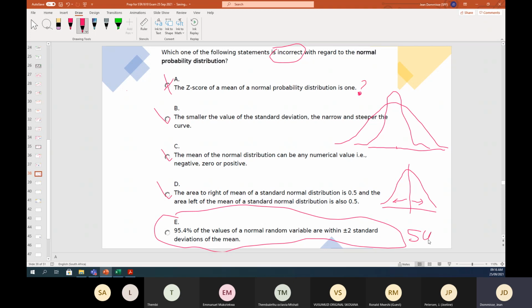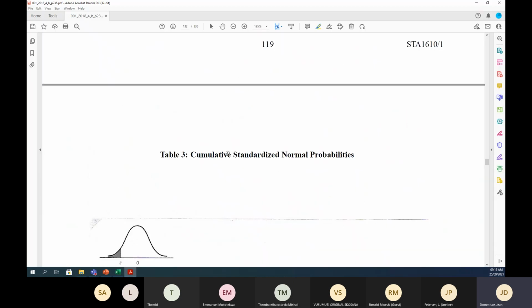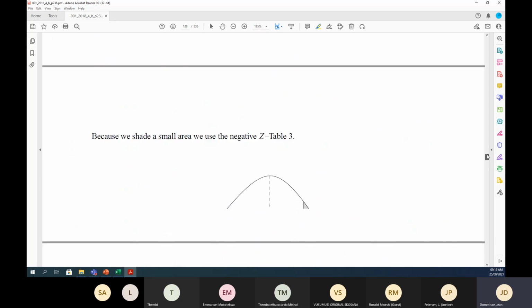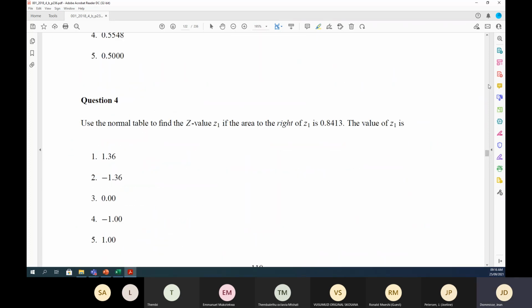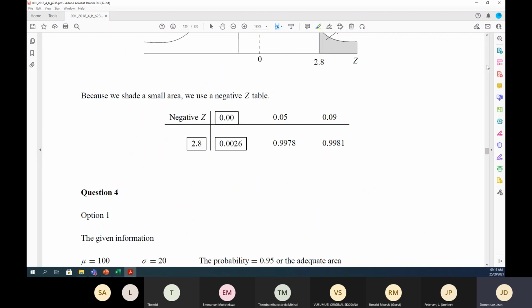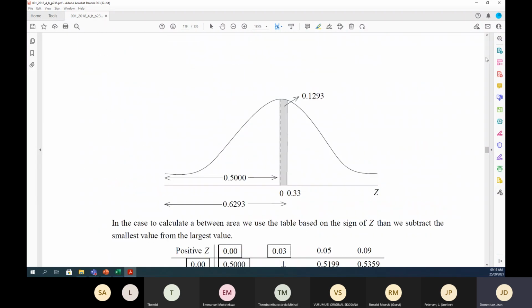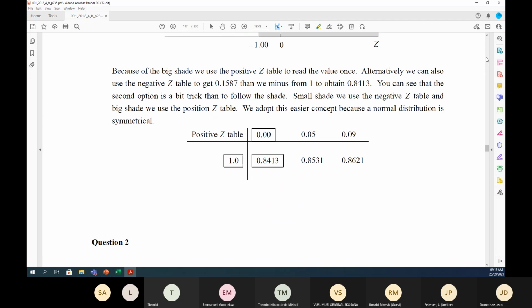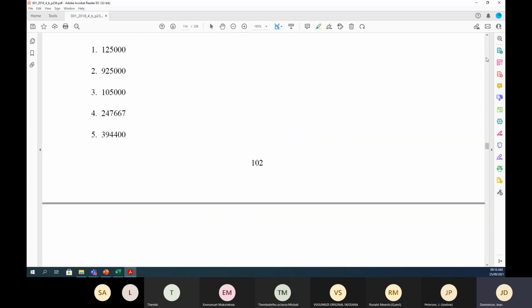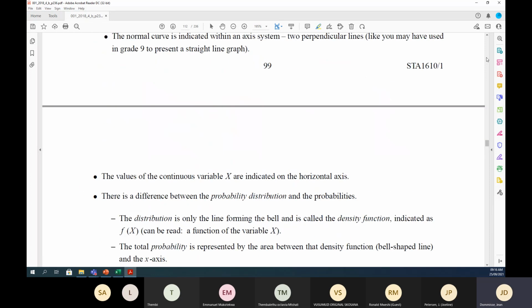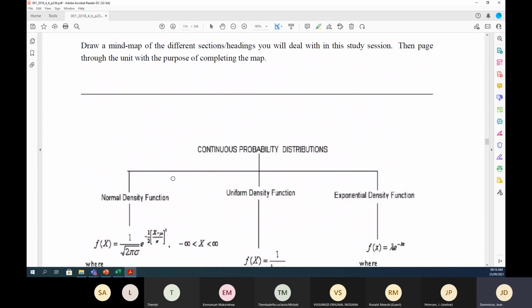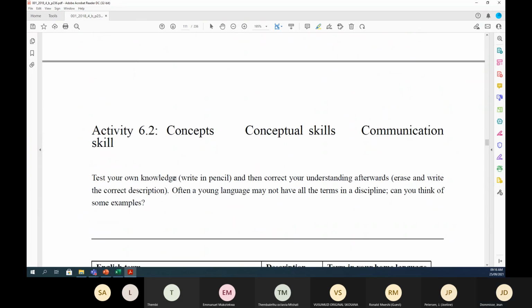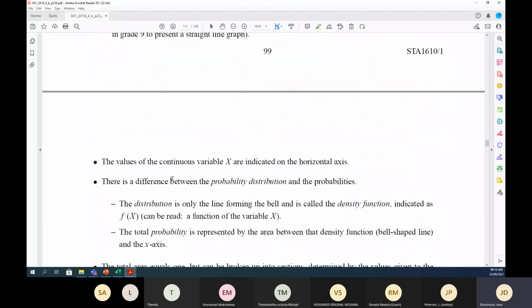There is in study unit 6, let's quickly go to it. There is a graph where they show that. They show, I think, one standard error, or 1, 2, and 3. So let's just quickly, just want to make 100% sure it is there. Otherwise, I get that for you, but I'm sure.